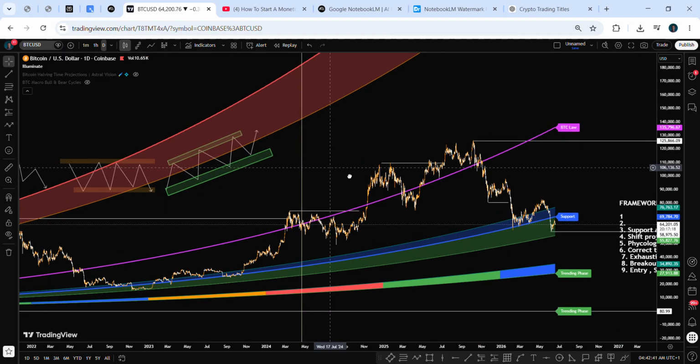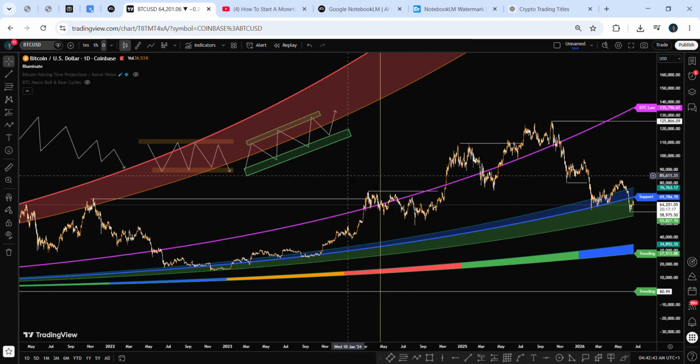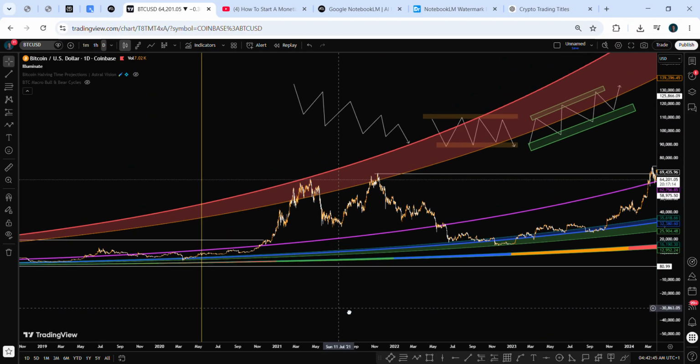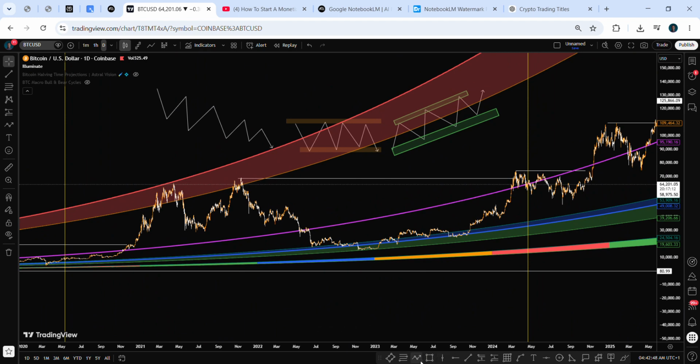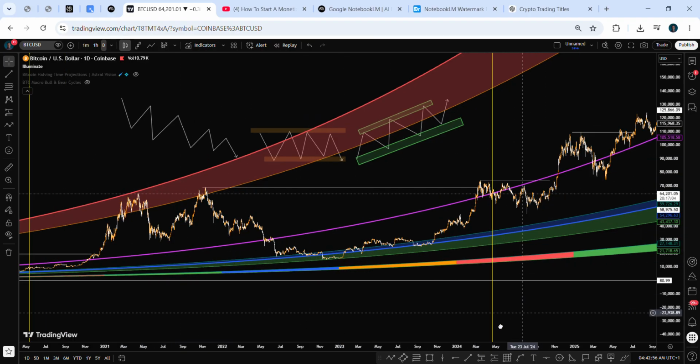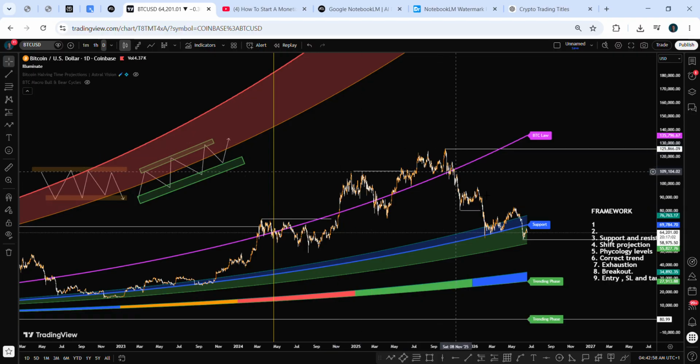It's telling me that price is going to bounce off supports. You see here price bounced down, here price bounced up. Now price is coming to the support again, and we are expecting a reaction, just like we had around here.